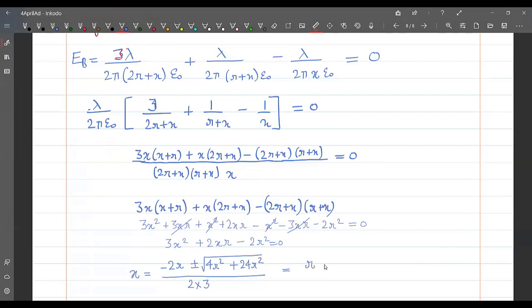If you take r common, it will be root 28 minus 2 divided by 6. You can cancel out the 2. It will be r by 3 into (root 7 minus 1). The other root is negative, so that won't be possible; you will ignore the minus root 28 part. So this will be the final answer where the electric field will be 0.